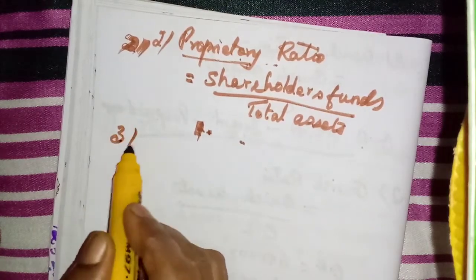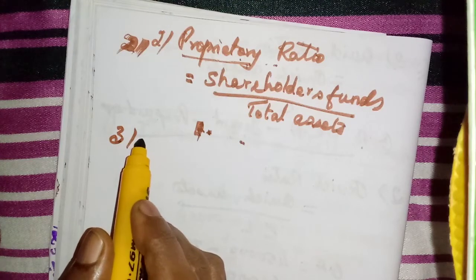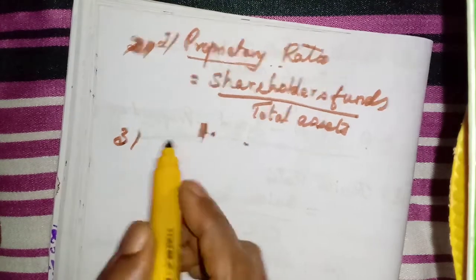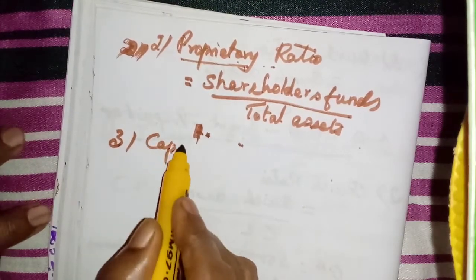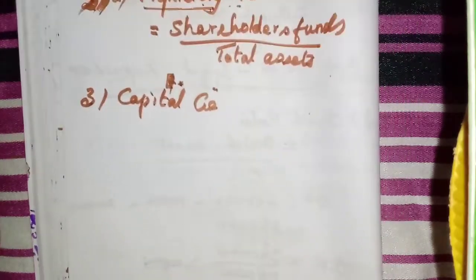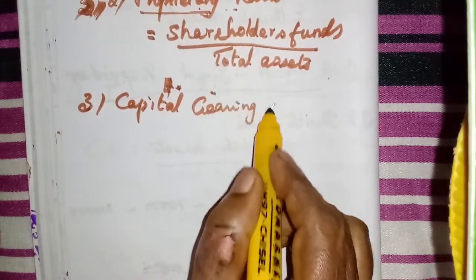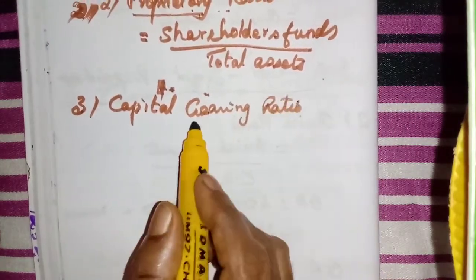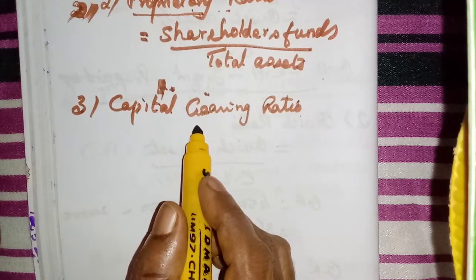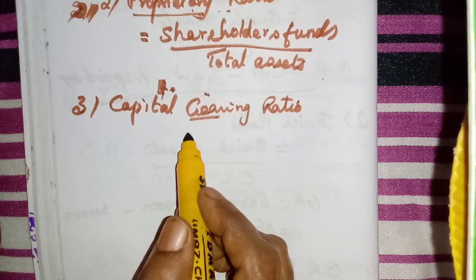Now the third ratio is the capital gearing ratio. Capital gearing ratio. Here, we know what a gear is, isn't it?